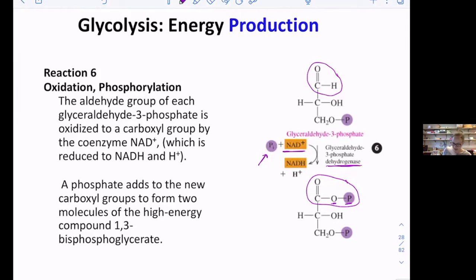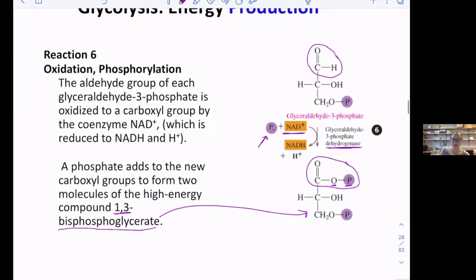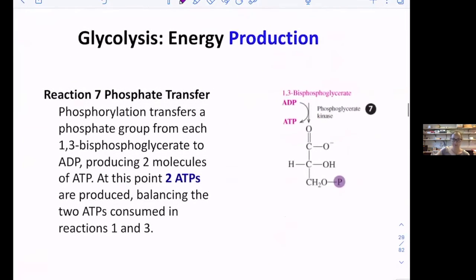And then this makes a high energy compound, 1,3-bisphosphoglycerate, which is this molecule here. So this is kind of like the peak of our energy production, in terms of now this high energy molecule is going to produce energy.